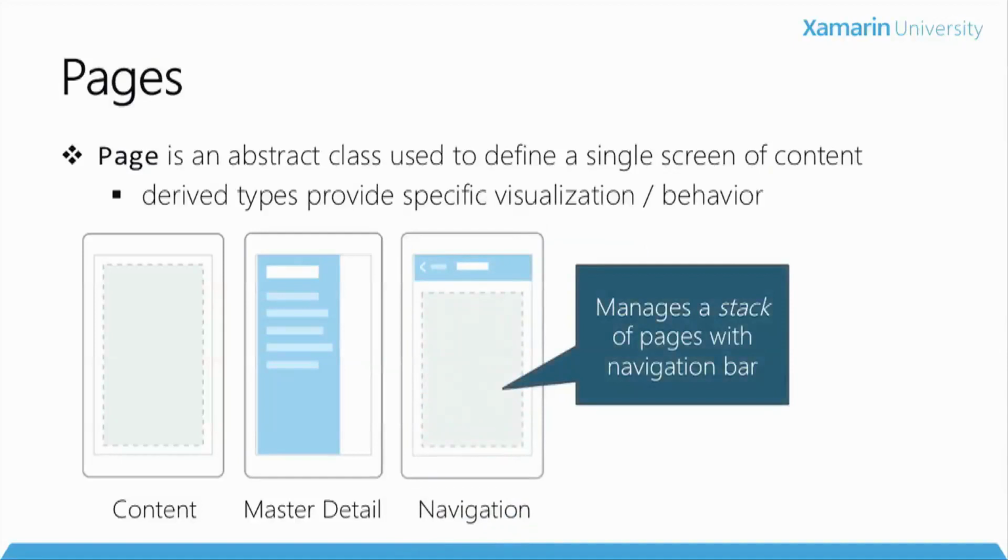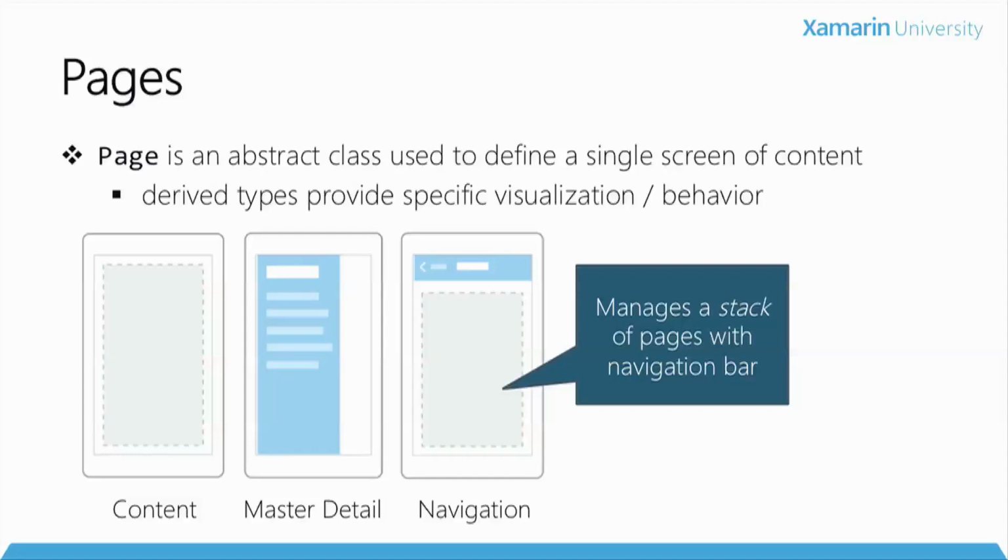And I already briefly talked about that. Most applications have multiple screens, so we need a way to navigate between these screens. And a common technique to navigate screens is to use a stack-based navigation. If you want to use stack-based navigation in your Xamarin.Forms application, then you wrap your pages into a navigation page.